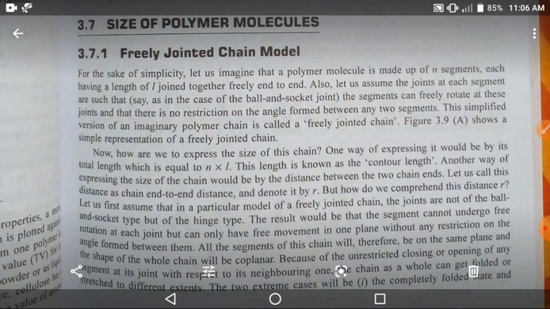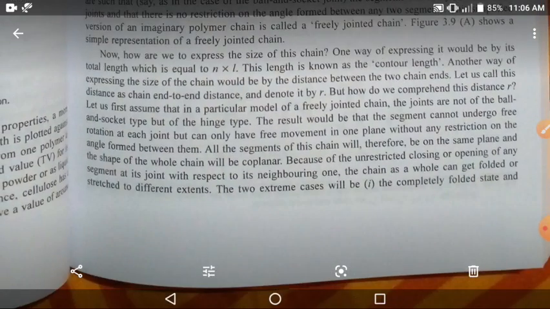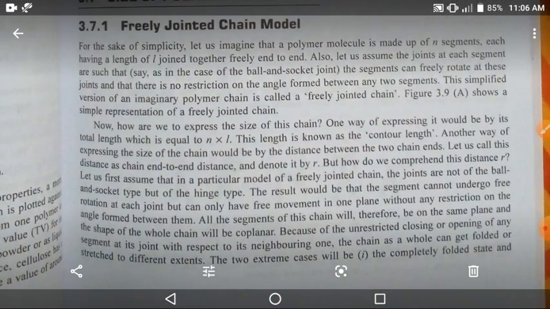This simplified version of the imaginary polymer chain is called a freely jointed chain. We will see Figure 3.9 section A, which shows a simple representation of a freely jointed chain. Now, how do we express the size of the chain?